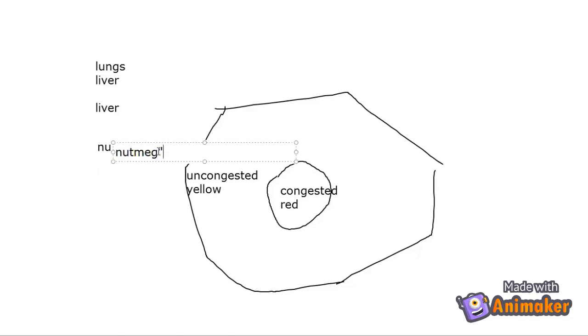Because the central lobule is congested, so it will appear red, and the peripheral region is uncongested, so it will appear yellow. Red and yellow. And what are we seeing? We are seeing a liver which is congested.